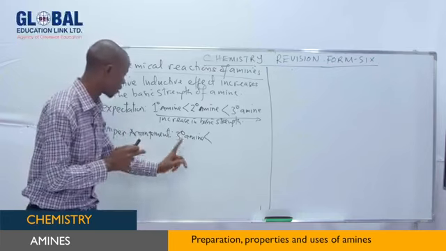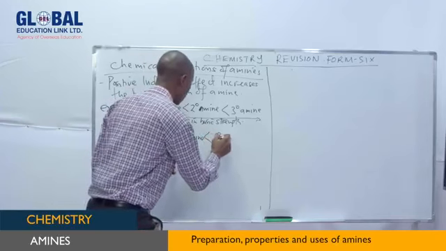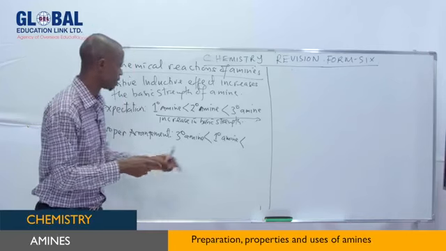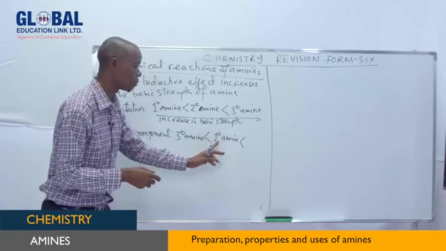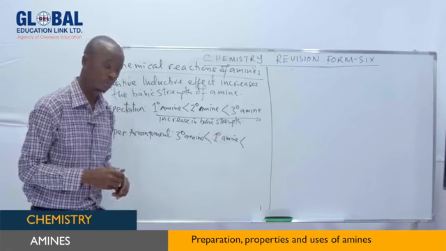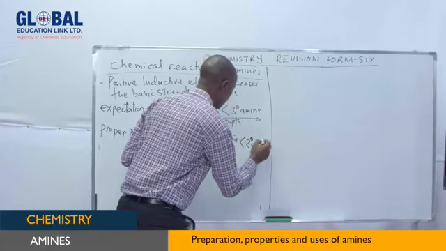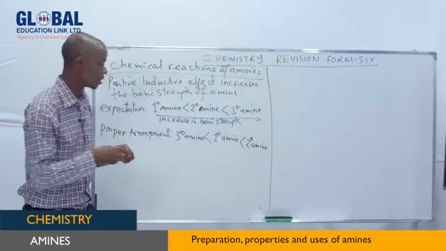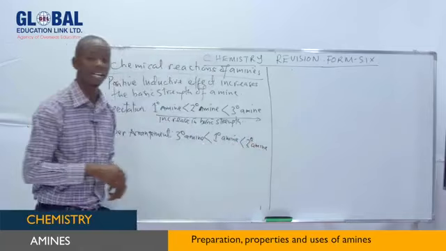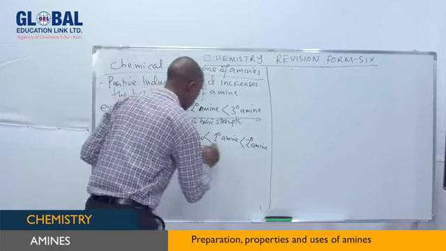Therefore, this becomes the weakest base, followed by primary amine. Primary amine is also receiving the positive inductive effect from only 1 alkyl group. So the strongest one we have said is secondary amine. It receives the positive inductive effect from 2 different alkyl groups. So this is the proper arrangement.